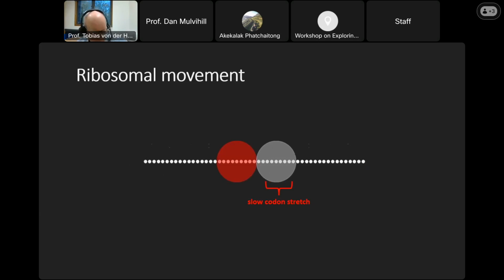It's bad news because the ribosomes have sensors that allow them to detect when they touch another ribosome. And that is usually interpreted as a problem because it may be the result of slow codons such as here, but it may also be the result of a chemically damaged RNA or a chemically damaged ribosome.